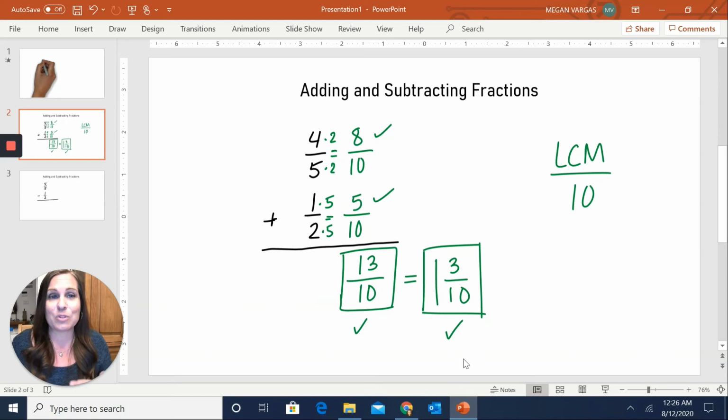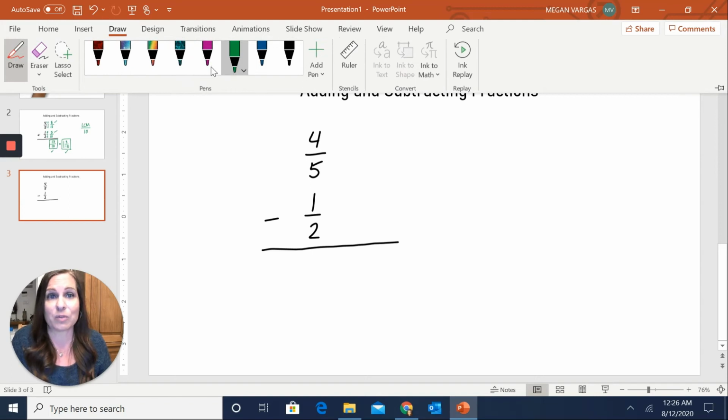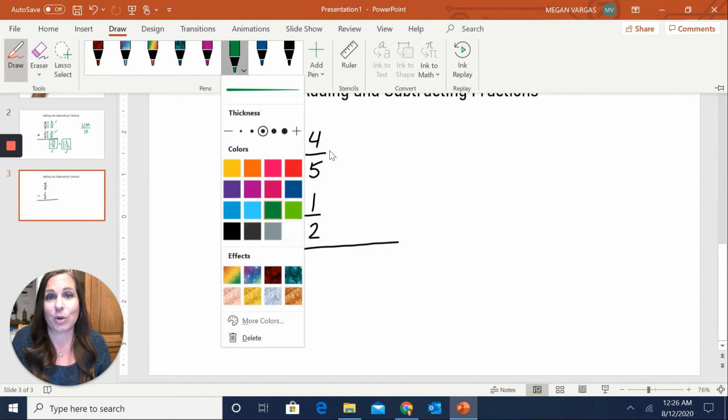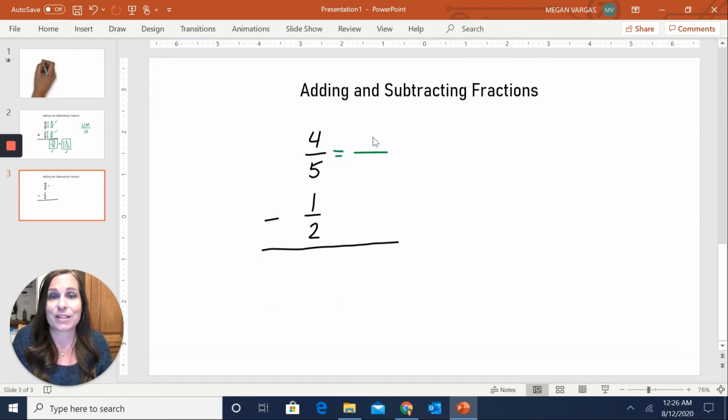Let's look at the same two fractions since we already have the common denominator part, but let's look at what it would be if we subtracted them. So like I said, we already rewrote these fractions, so we already know what they're going to equal when we rewrite them. 4/5 we're going to rewrite as 8/10, and 1/2 we're going to rewrite as 5/10, right?